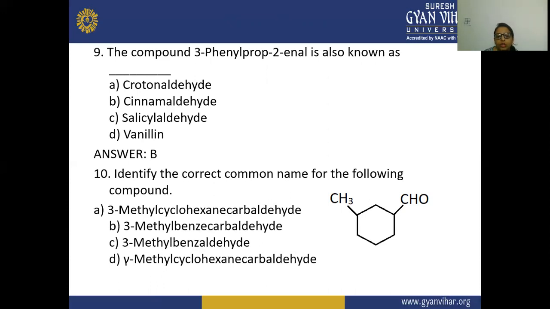That is option D, because that is gamma methyl cyclohexanecarbaldehyde. On the gamma position, there is the alpha, beta, and gamma, so there is a gamma methyl cyclohexanecarbaldehyde. The correct name of this compound is methylcyclohexanecarbaldehyde.